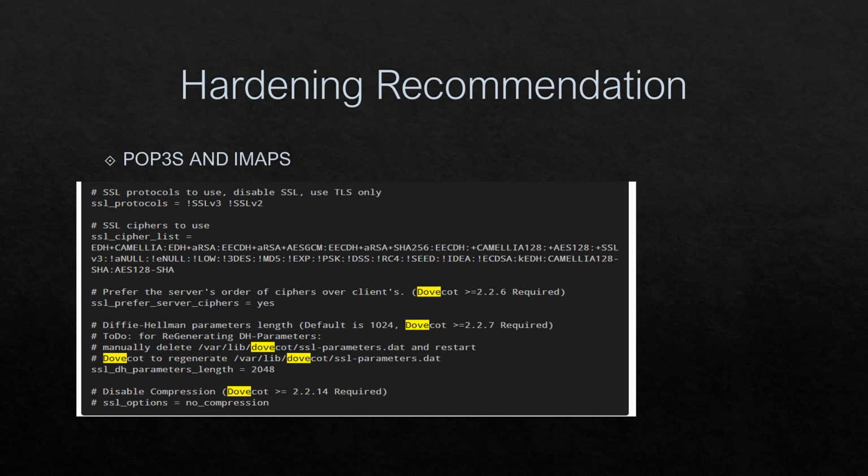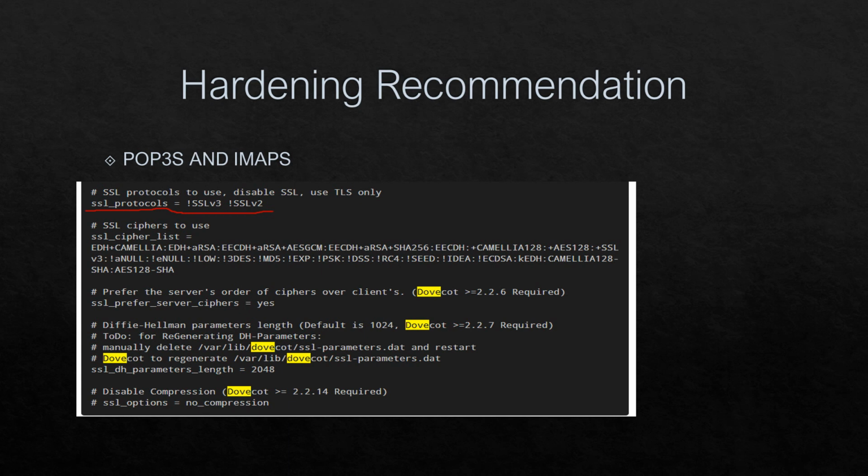So for this particular code, I believe you find it in the dovecot.conf. So with this code, look at this. What this is telling you is that the SSL protocols being used are version 3 and version 2, meaning that version 1 is not enabled.